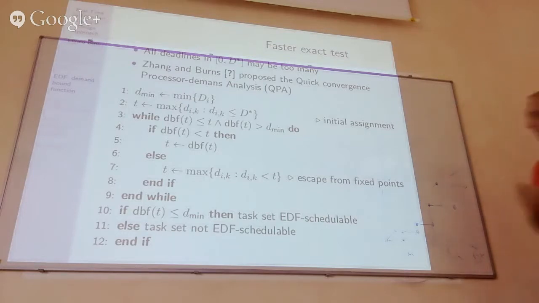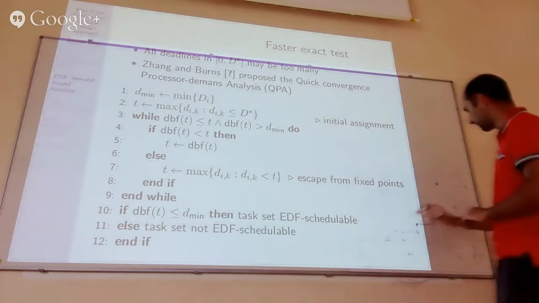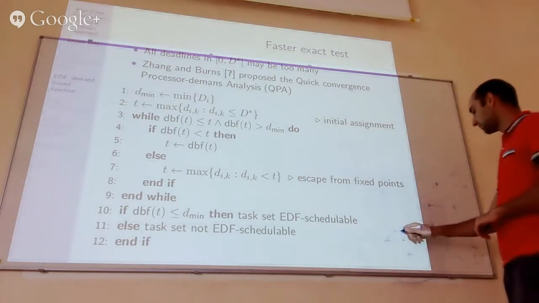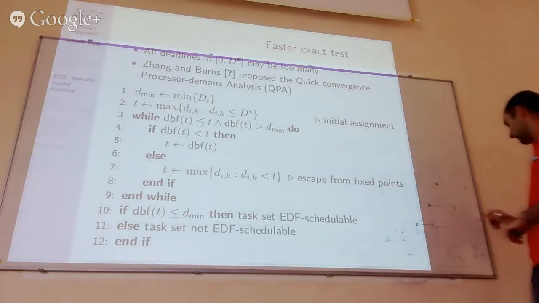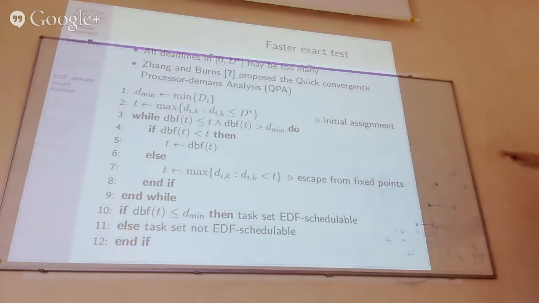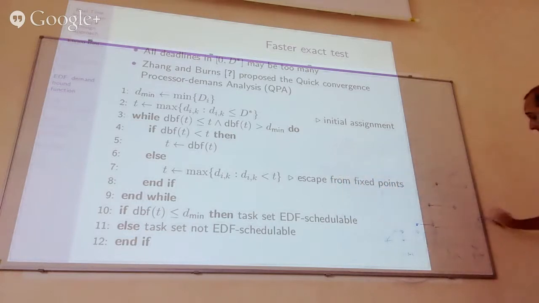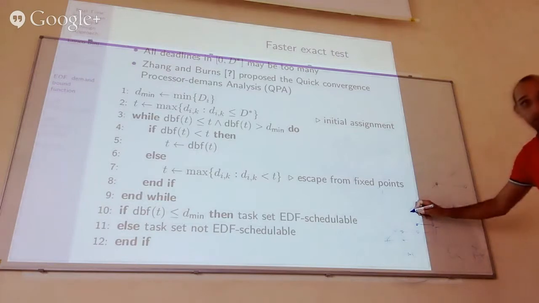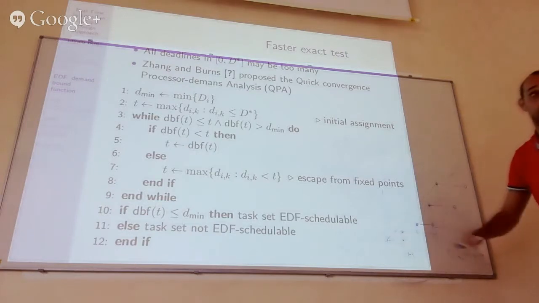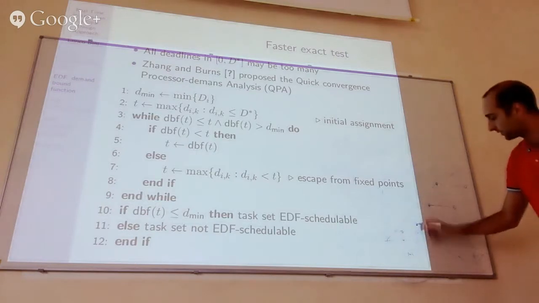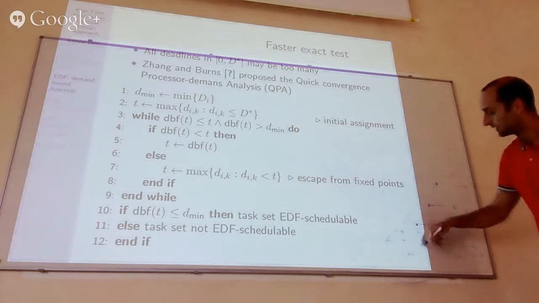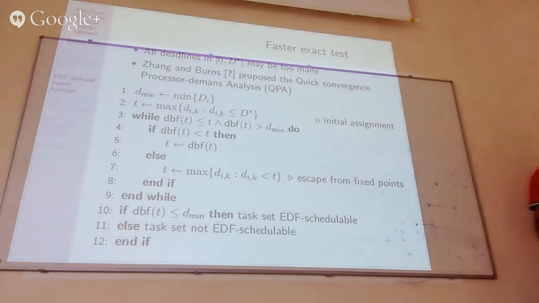When utilization is very low, you have a DBF growing very slowly, right? So you make very big steps backwards, so you go here and then here, and you evaluate the DBF. So you make very big steps when utilization is low.